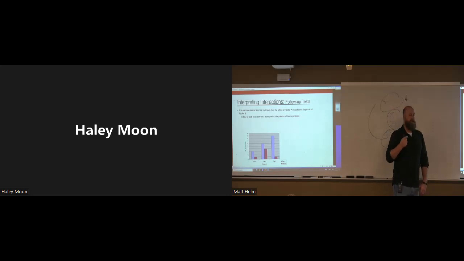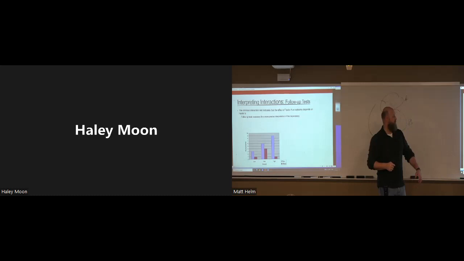Again, within the context of an ANOVA model, what we're saying is that the effect of factor A on the outcome depends on factor B, or differences across levels of factor A are dependent on factor B. However you want to lay that out.